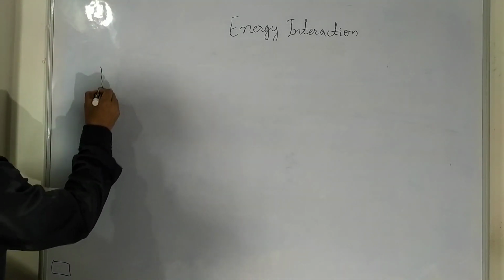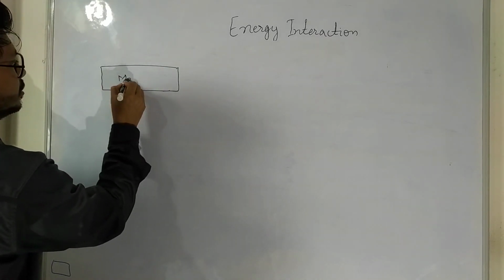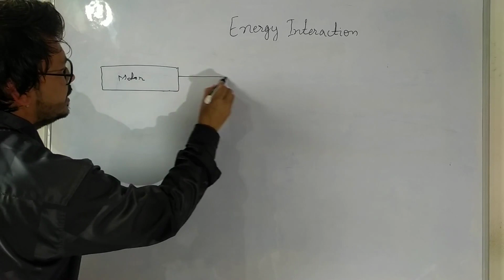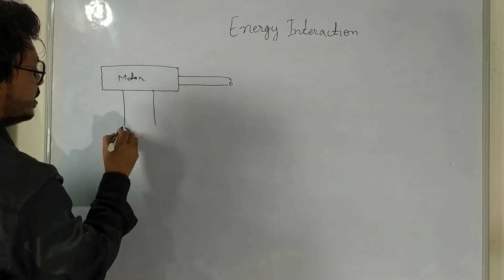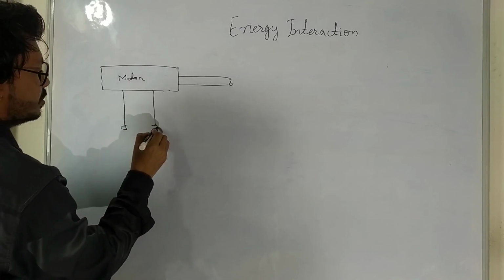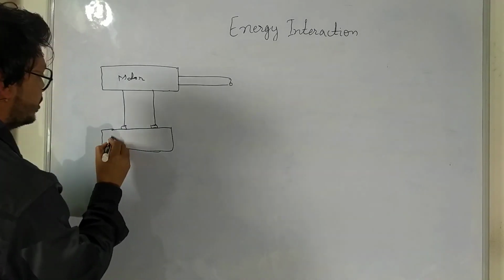Let us consider one motor. This is our motor and this is its shaft, and this motor is powered by a battery. These are the terminals of a battery and this is our battery.